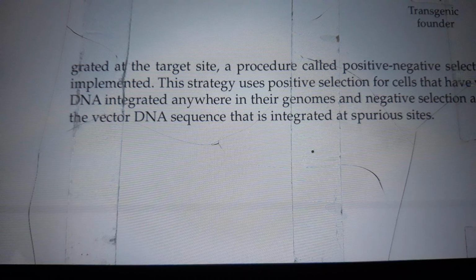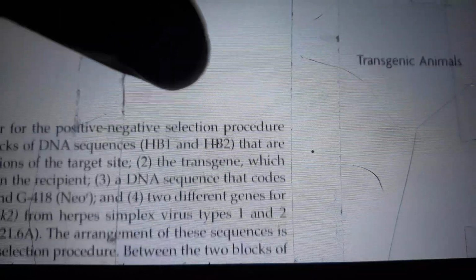This strategy uses positive selection for cells that have vector DNA integrated anywhere in their genomes, and a negative selection against the vector DNA sequence that is integrated at spurious sites.